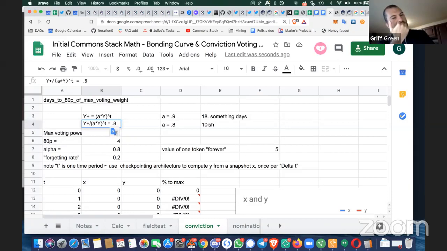When do they reach 80%? Because I'm going the reverse way. It might be the other way around. Let's see, is it y plus y future? I'll be right back, going to the toilet.